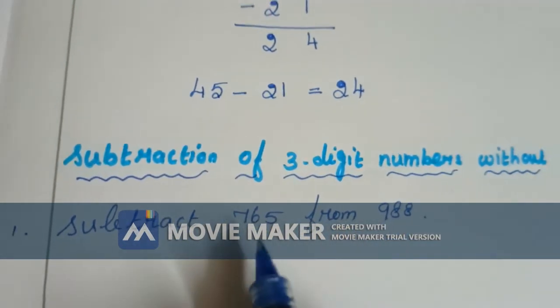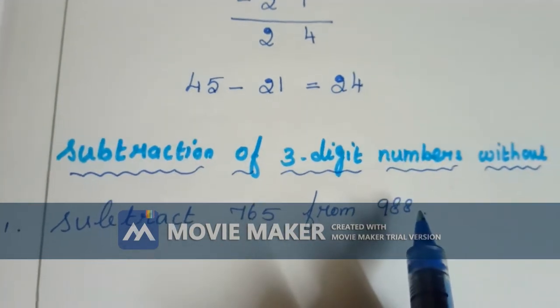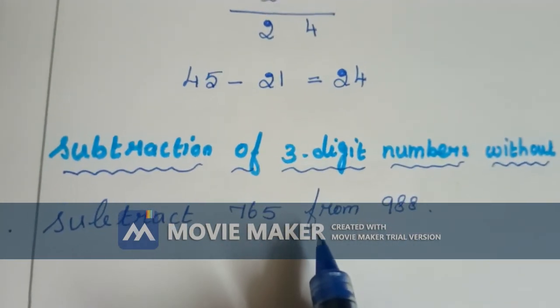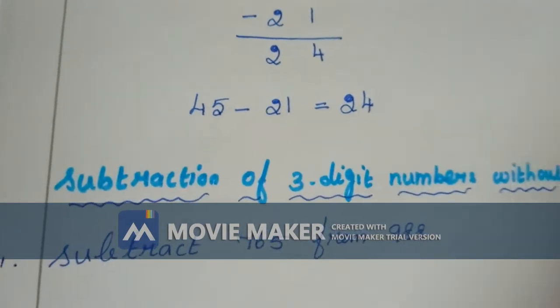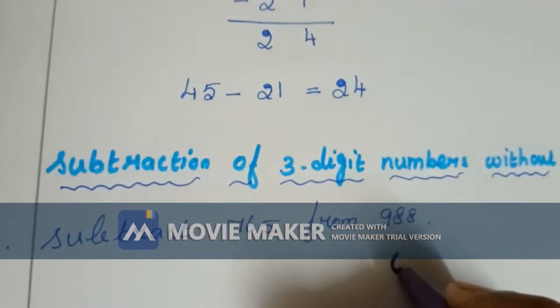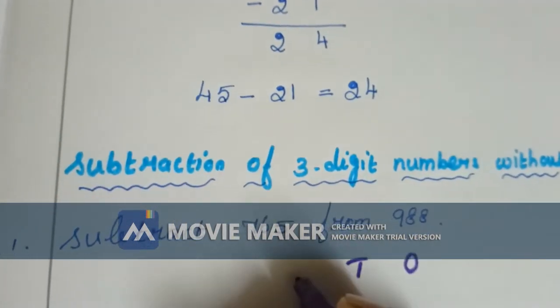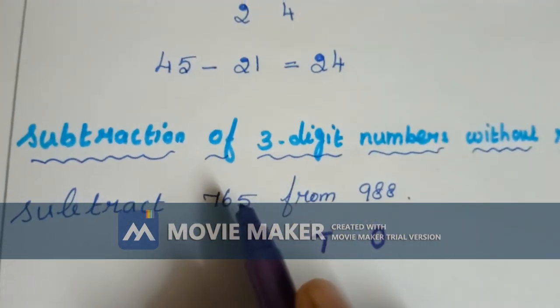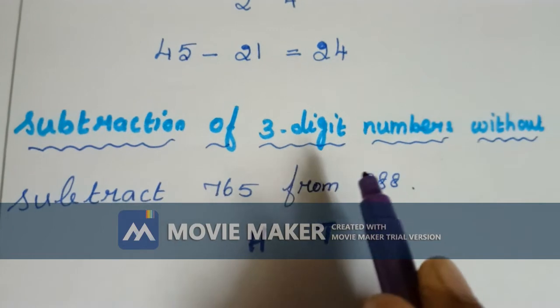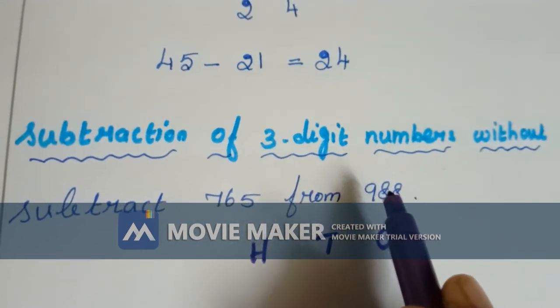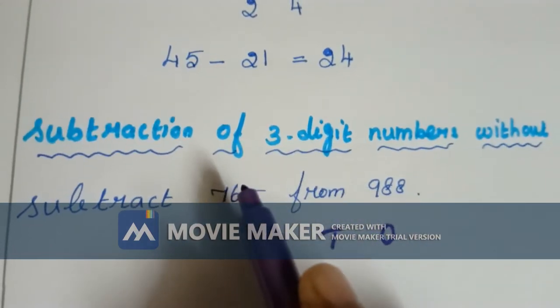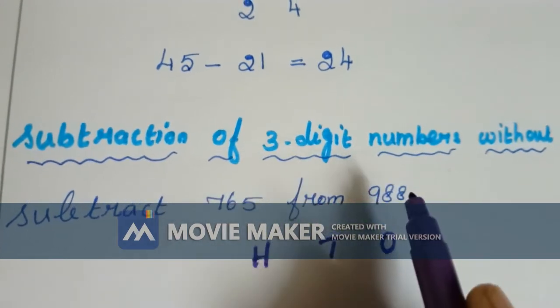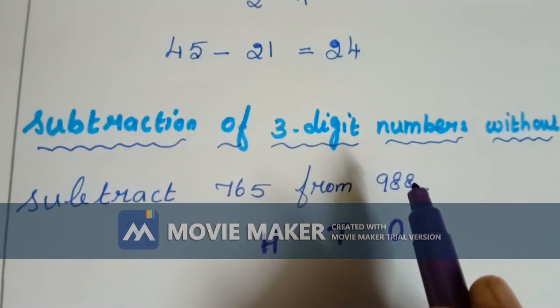Children, these two are 3-digit numbers, so the 3-digit numbers have 3 values. They are ones, tens and hundreds. We have to subtract the numbers from 988. Among these two numbers, which one is the bigger number?